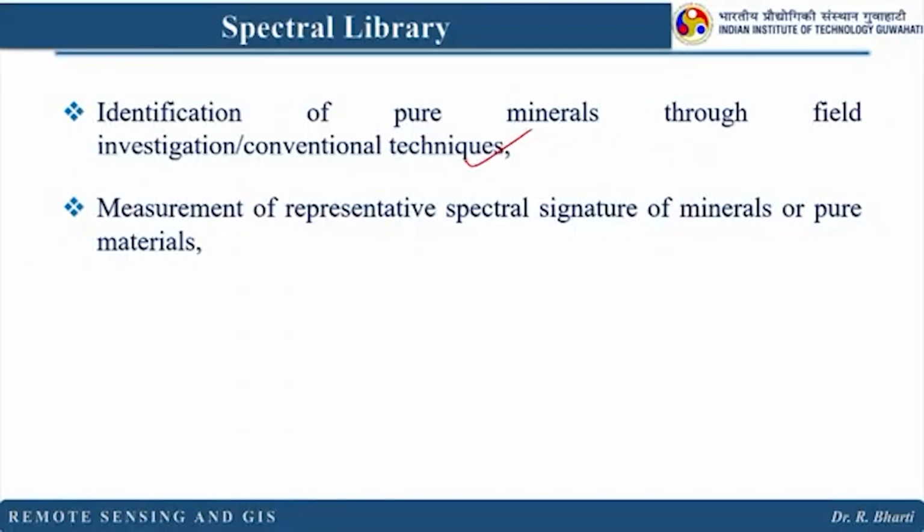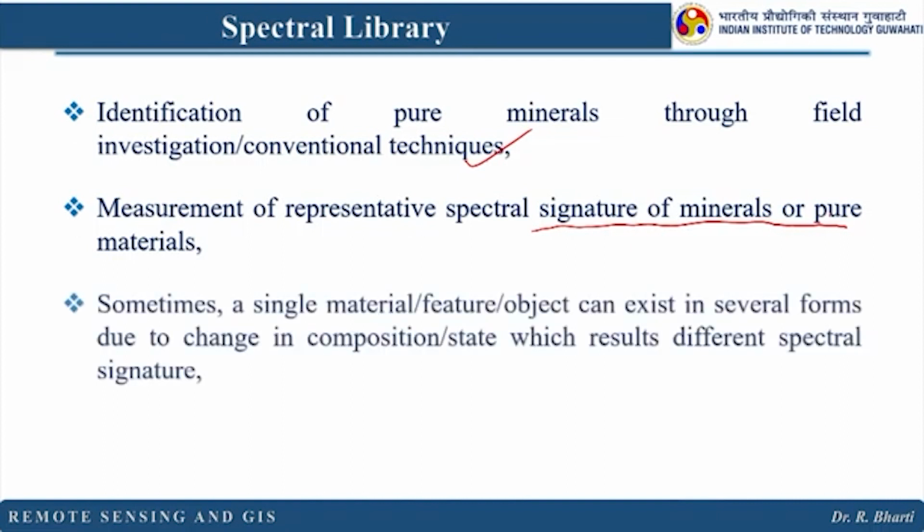Now, the next step is the measurement of representative spectral signatures of minerals or pure materials. I have already explained this. Sometimes a single material, feature or object can exist in several forms due to a change in composition or state, which results in a different spectral signature.